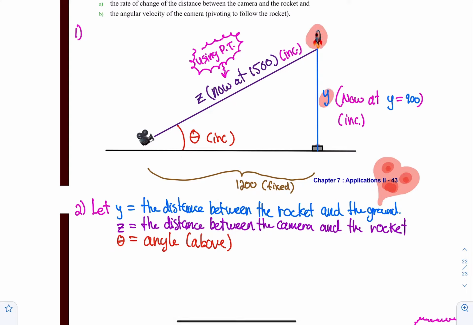This means that dy/dt is 180 meters per second. This quantity is of course positive because my variable y is an increasing value. Now let's just focus on part A first, and then we'll do part B.